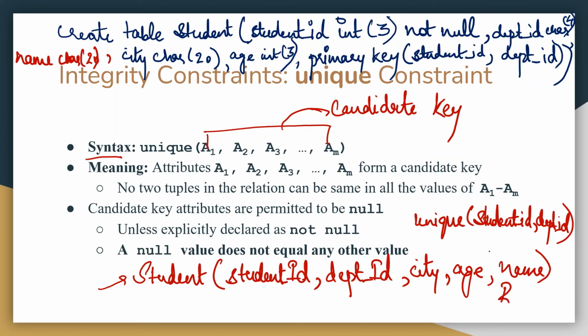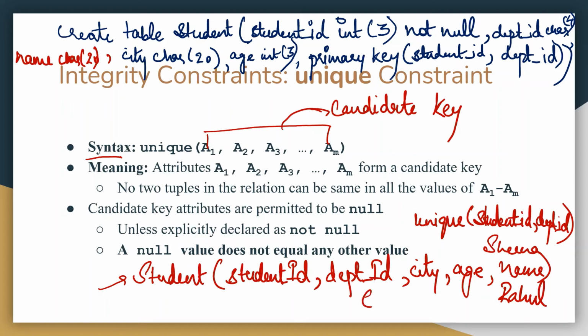Okay, so we have, let's say, Rahul, and we have another student, let's say Sheena. So it is not possible that both Rahul and Sheena have the same student ID and department ID.